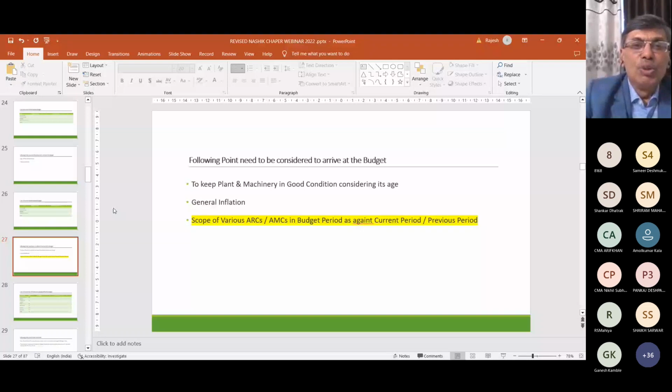The following points need to be considered to arrive at the budget. Here, when the value for various ARCs and AMCs for budget periods is set, the scope in the current period as compared to previous period also needs to be factored in, apart from general inflation.